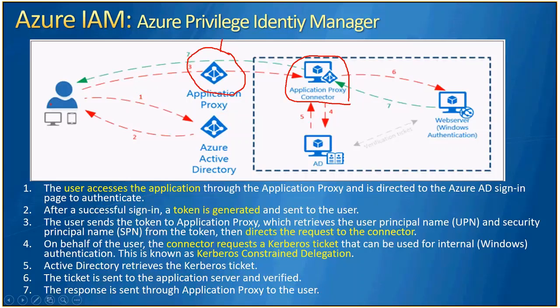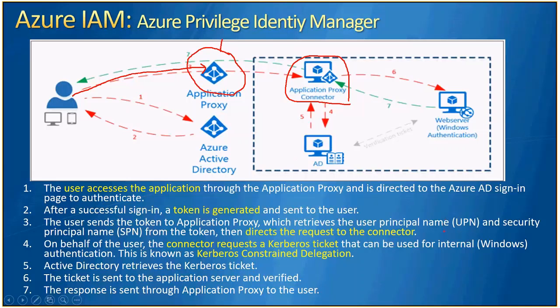When a user logs in, the user will go and talk to Azure AD and authenticate. Once the authentication happens, a token is generated. That token is passed on to Azure application proxy. This proxy will extract the information necessary to talk to the application proxy connector sitting on-prem.